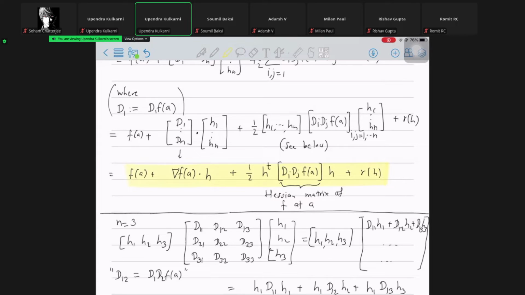And what is this third term? That is precisely h transpose, what we called v transpose, I mean, we denoted it by a vector v, v transpose times the Hessian times v. But we know exactly what that term does when the Hessian is positive definite. We know that no matter what h you take, that quantity is always positive, for non-zero h.